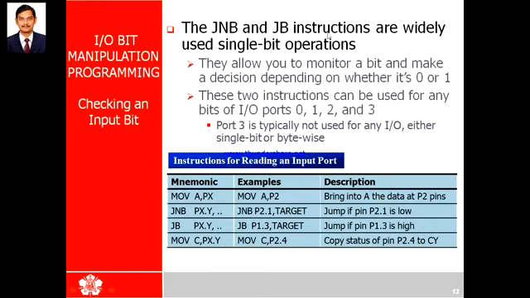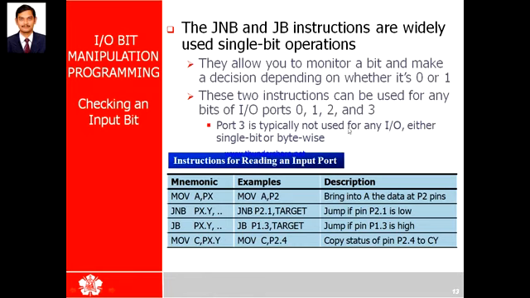The JNB and JB instructions are widely used single bit operations. They allow you to monitor a bit and make a decision depending on whether it's 0 or 1. These two instructions can be used for any bits of the IO ports 0, 1, 2 and 3. Port 3 is typically not used for any IO, either single bit or byte-wise.